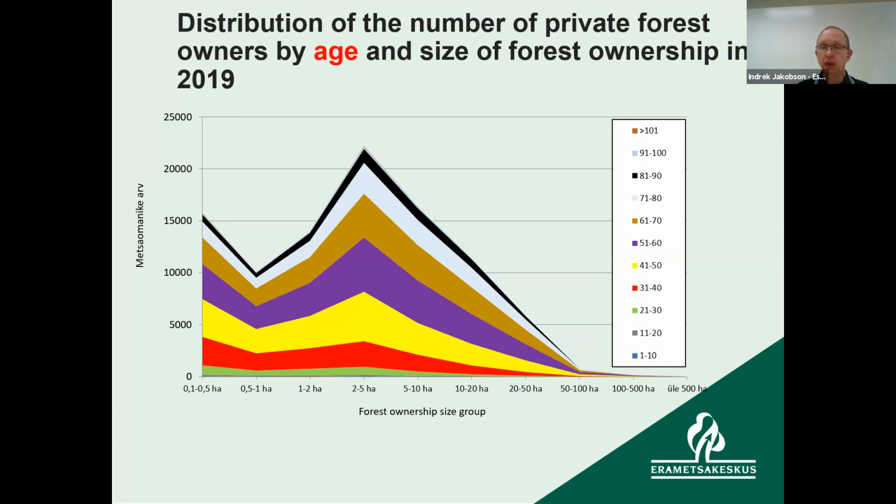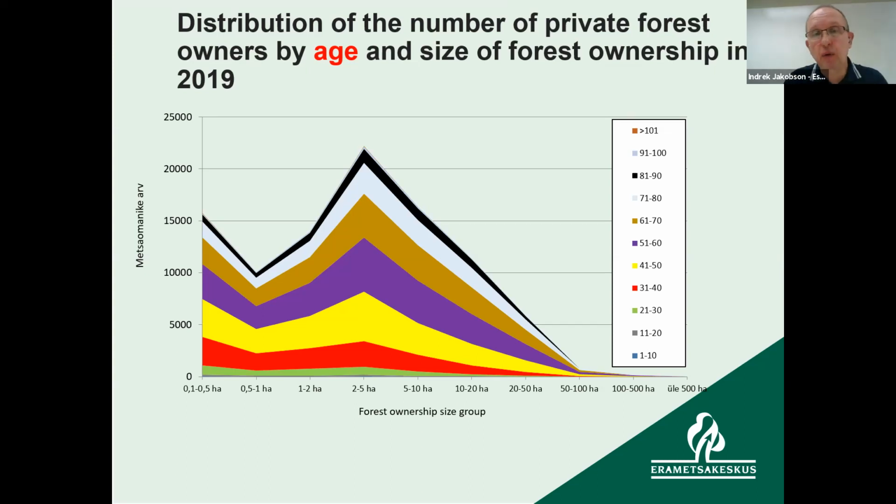The biggest proportion is from 40 to 50, then from 50 to 60, but more or less the same proportion is from 60 to 70, which means forest owners in the age group from 40 to 80 take not all of the forest ownership, but a very, very big percentage.